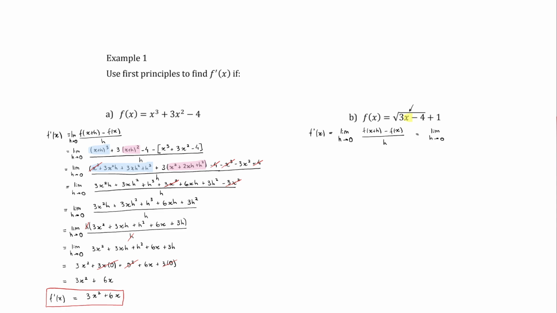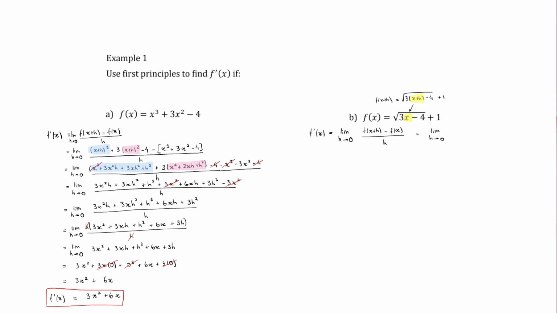So I am going to have f of x plus h is equal to the square root of 3 times x plus h minus 4, plus 1. So all I'm doing is replacing the x values with x plus h.